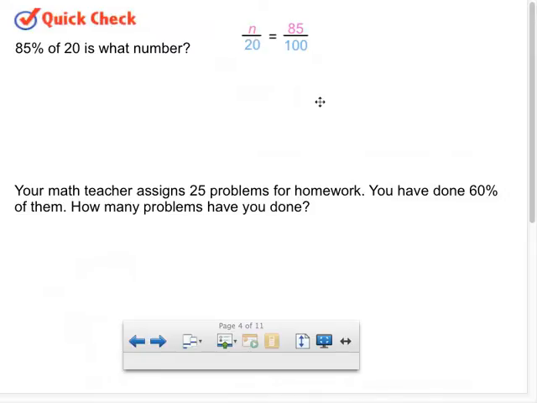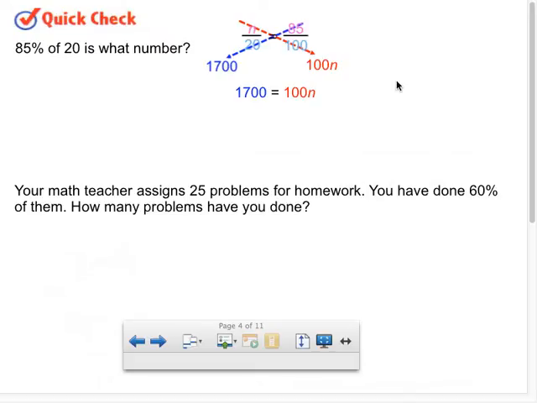Okay? Now it's just like what we did before. Cross product property. This one's easy. You guys know that one. Can somebody tell me what 85 times 20 is? Sergio. 1,700. Okay. And now we have the equation. Here's our equation. And this is an easy one. I know you guys can solve this now.